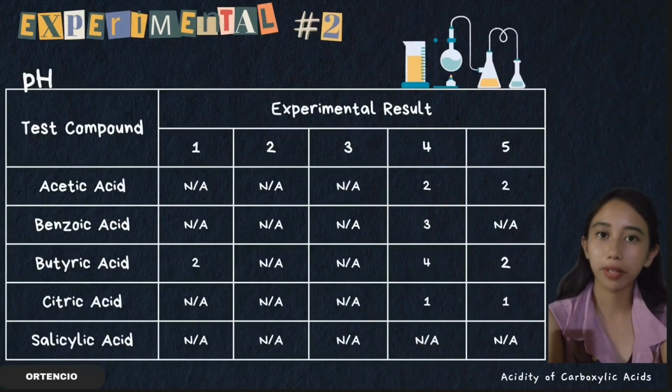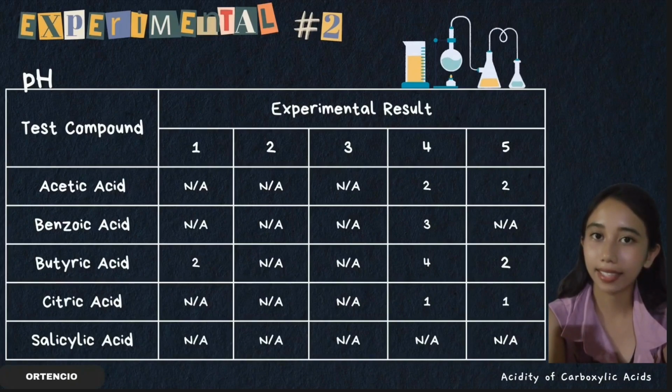In experiment 2, we measured the pH levels of the various acids. In acetic acid, unfortunately, groups 1, 2, and 3 were unable to perform the experiment. However, groups 4 and 5 obtained a pH of 2, which indicates a notable level of acidity. In benzoic acid, only group 4 was able to perform the experiment, obtaining a pH of 3.